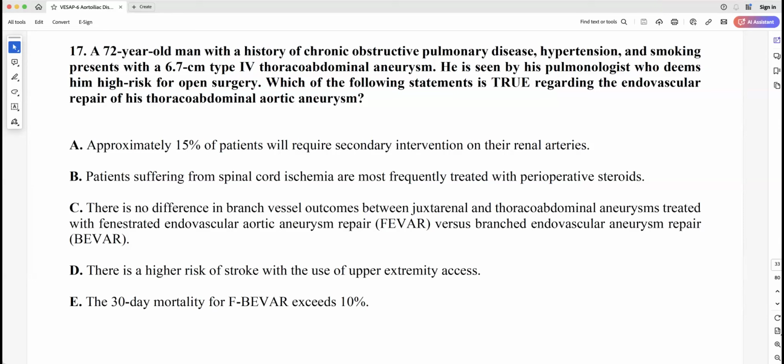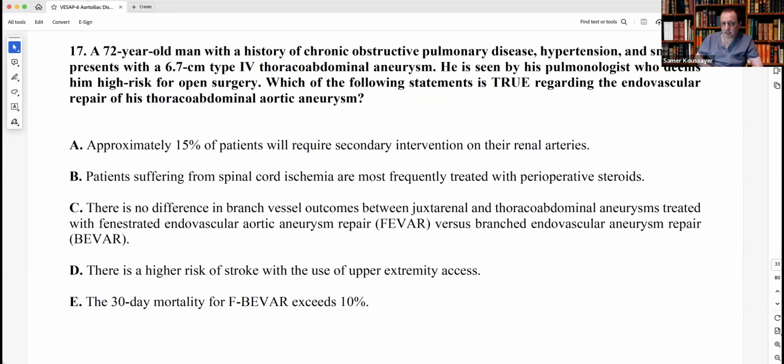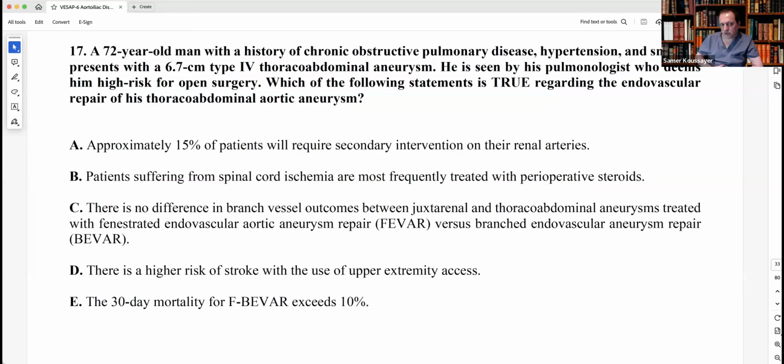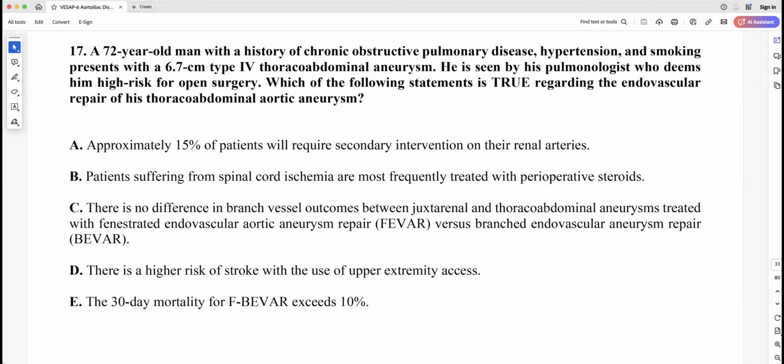But less than 15%. Usually it's 5-6%. Celiac maybe 1%, SMA maybe 3%, much less. But the renal is the main one. So if you want to give a number, the worst is renal, but 15 is too high. I think maybe 4 or 5% is more reasonable. All right, let's go to the next one.